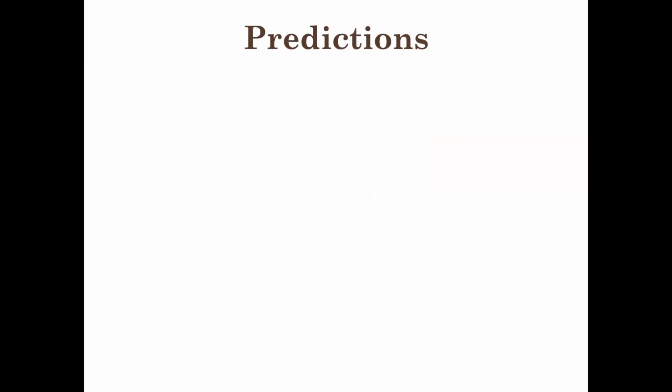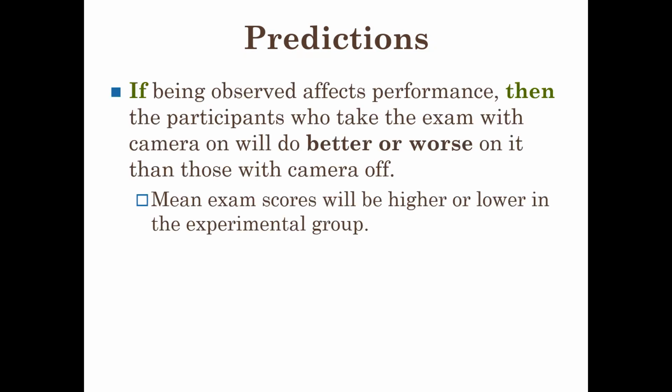What we need to understand is what our data will look like if the null turns out to be supported, or null turns out to be not rejected, right? Or if our alternative turns out to be supported. So if being observed affects performance, if that's our alternative hypothesis, then participants who take the exam with a camera on will do better or worse on it than those with a camera off.